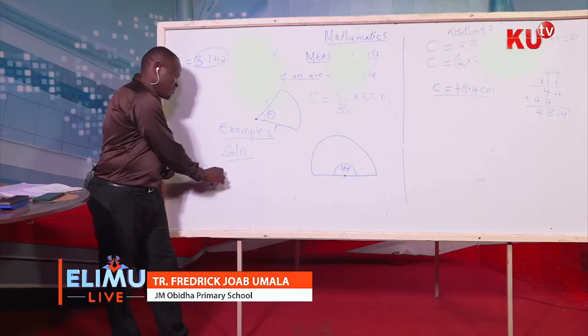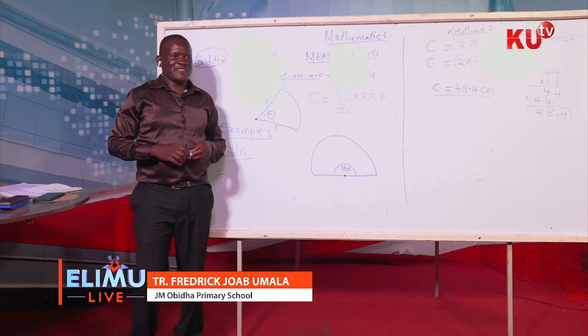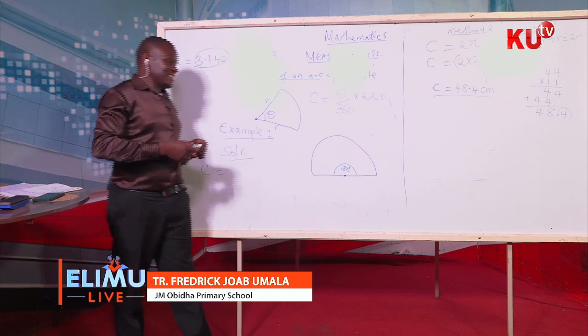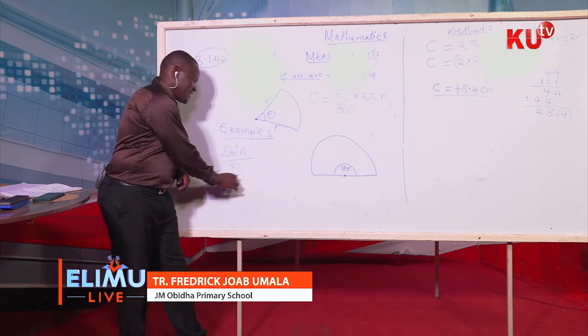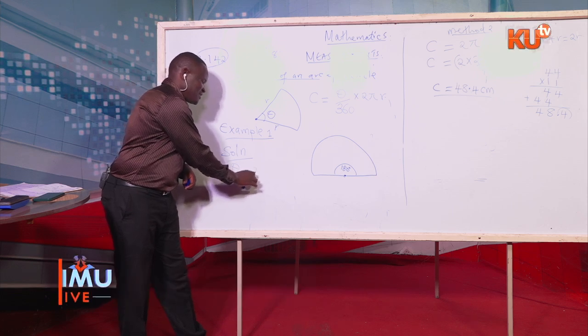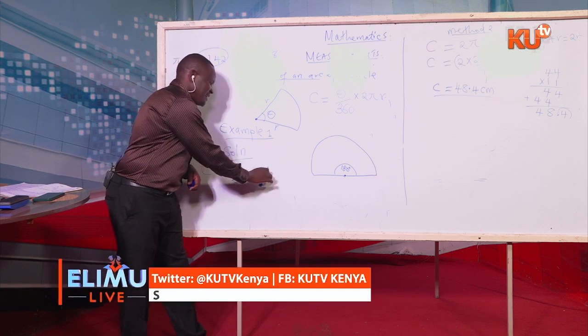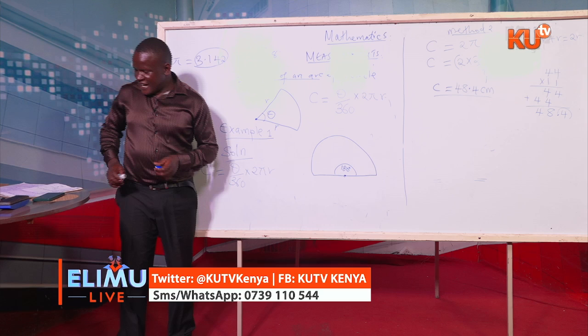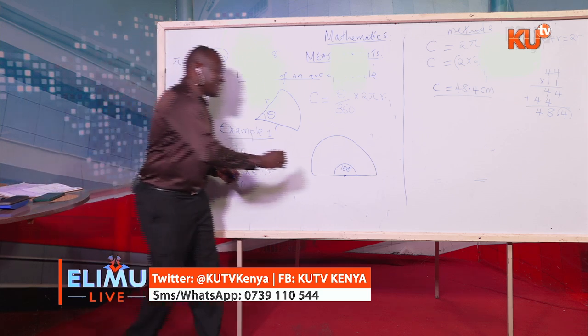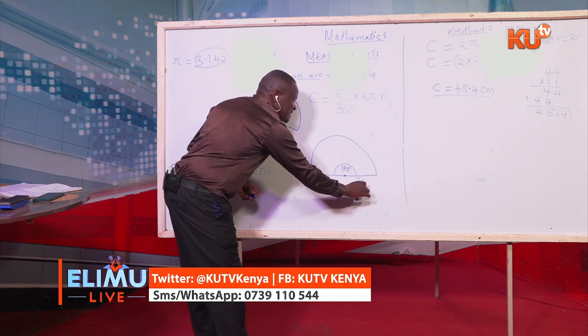So our formula for finding the circumference of a circle whenever you are given an arc is theta over 360 times 2 pi r. And we were given the radius to be 7 centimeters.